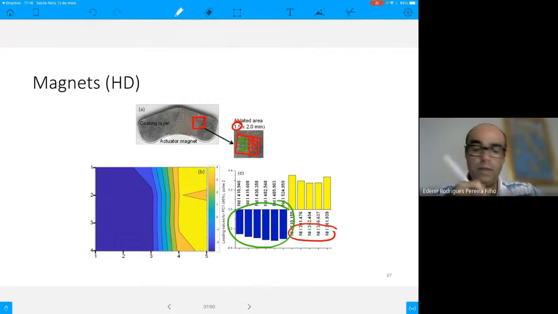You can see here that the film of the magnet was removed, and we analyzed part of the substrate and part of the film. The film is composed of nickel, and the magnet is composed of neodymium.